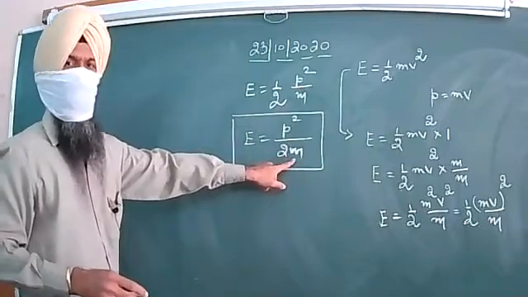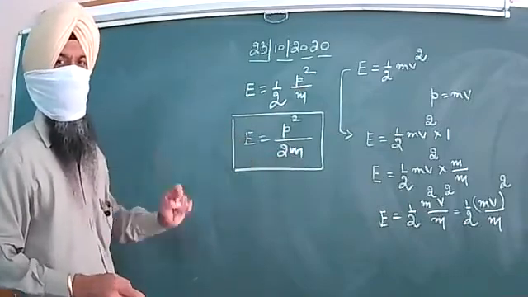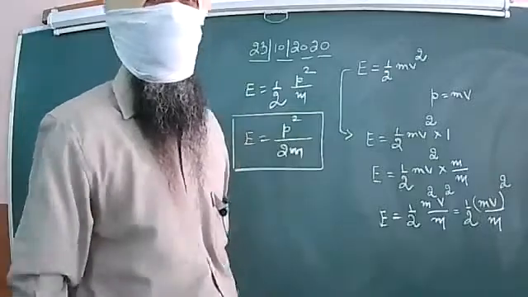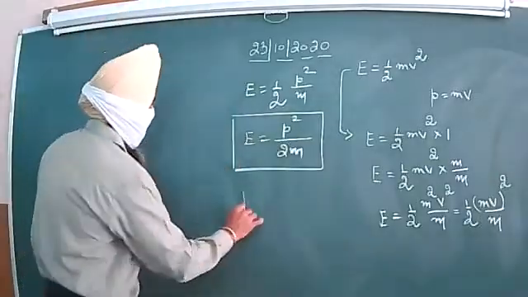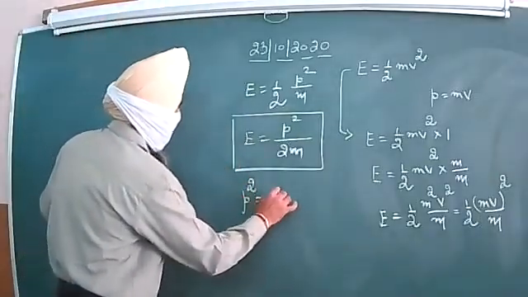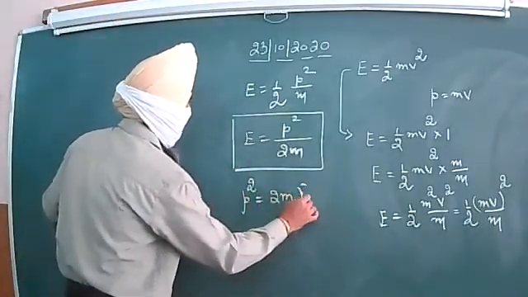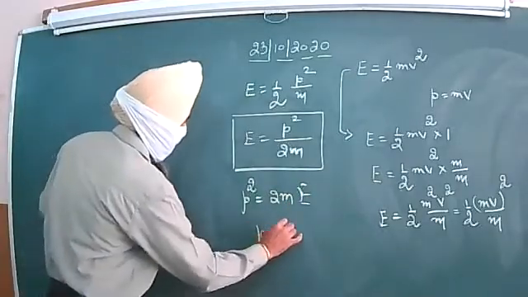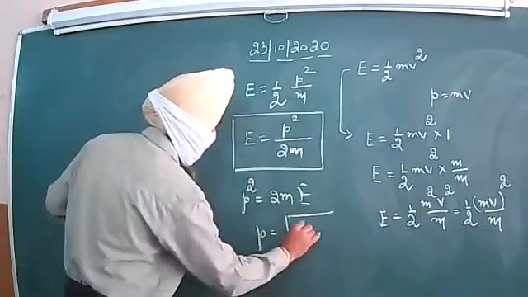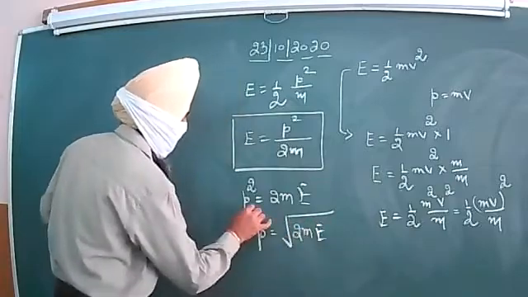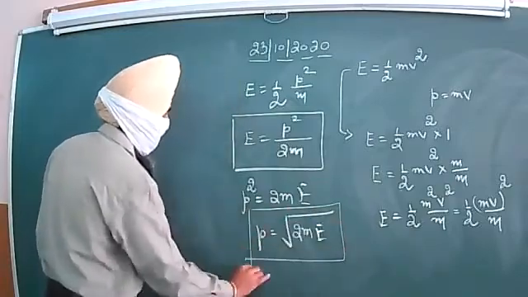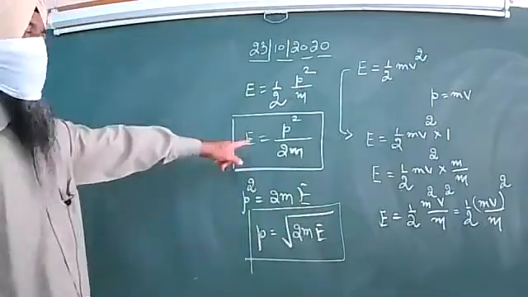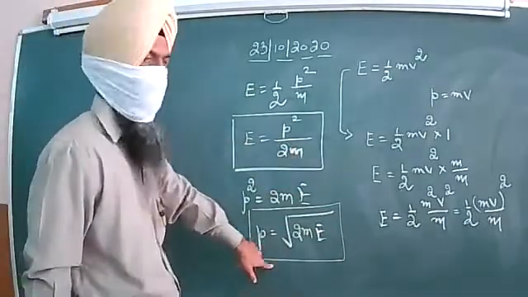If I shift this 2m to the left hand side, let us see what happens. P square is equal to 2 into m into E, and P is the square root of 2mE. So this is how I relate linear momentum with the kinetic energy itself.